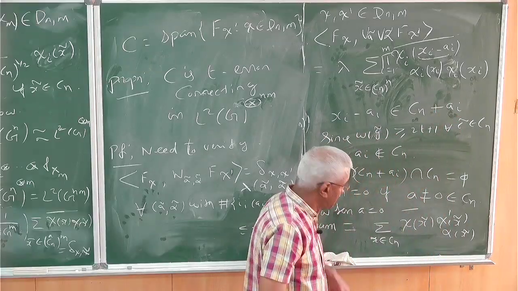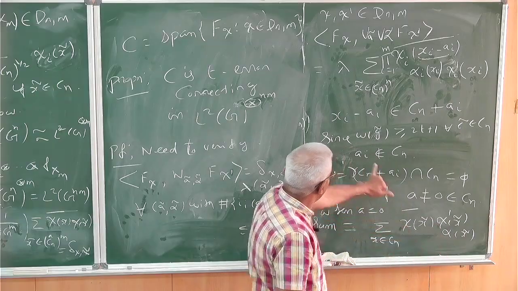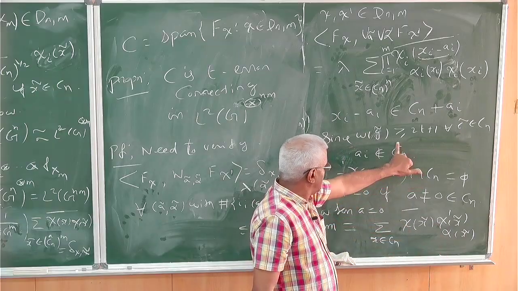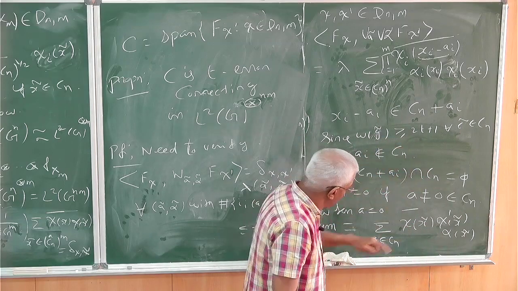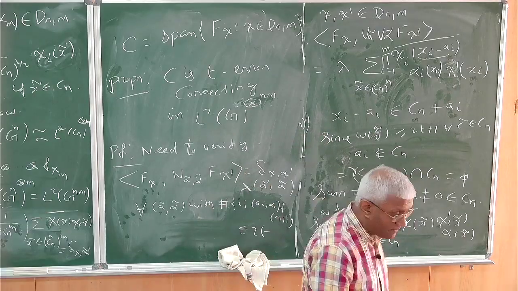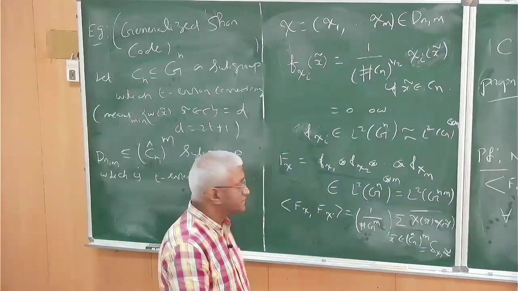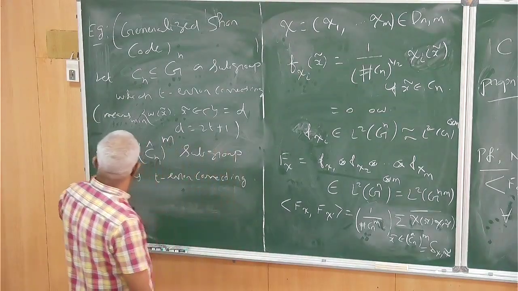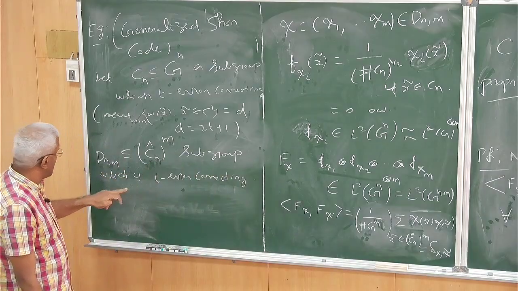Now chi and chi bar are in Cn hat power m. Again, we have taken Dn now, and our chi comes from this.